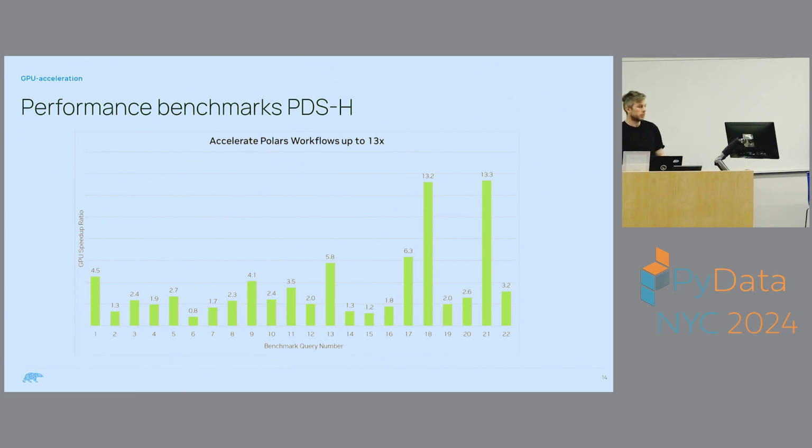Joins, definitely joins and group bys. Those do a lot of compute, a lot of hashing, a lot of partitioning, and GPUs are great for that. Queries 21 and 18, I believe, have 5 or 6 joins next to each other. The PDS-H benchmark, the TPC-H benchmark, is very database oriented.